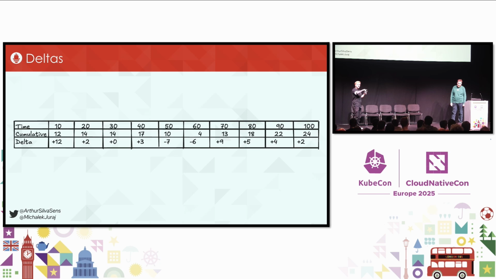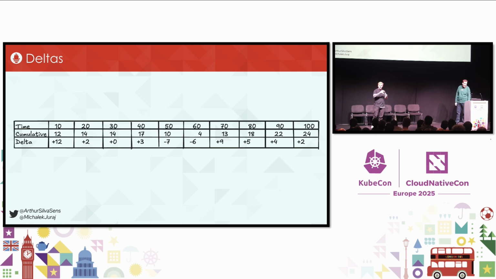The cumulative will keep the state from the previous measurement. It will increase by 2. The deltas measure the increase from one measurement to the other. So it will only count +2 instead of 14. And that happens for every single measurement.